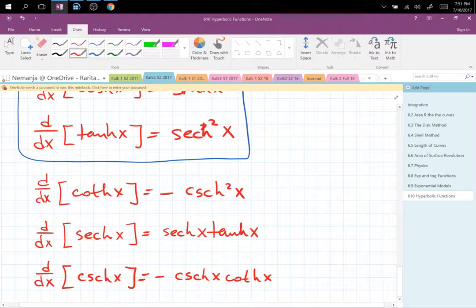So all of them are important, but as I said, the three on top are the ones that pretty much show up all the time.